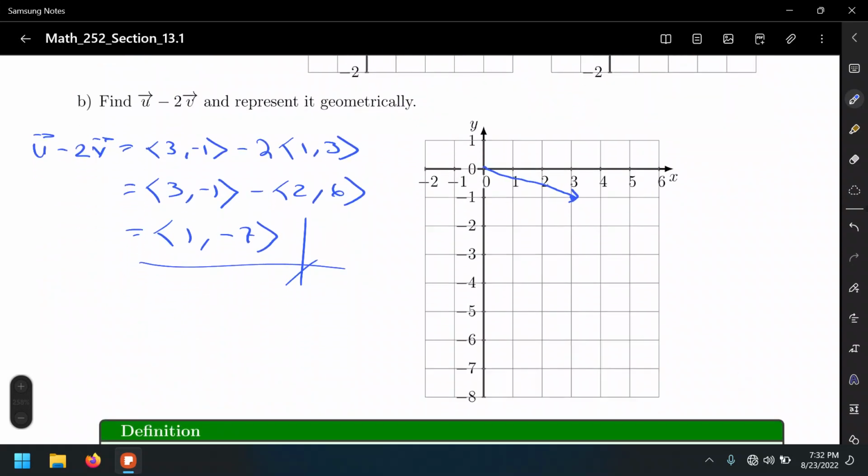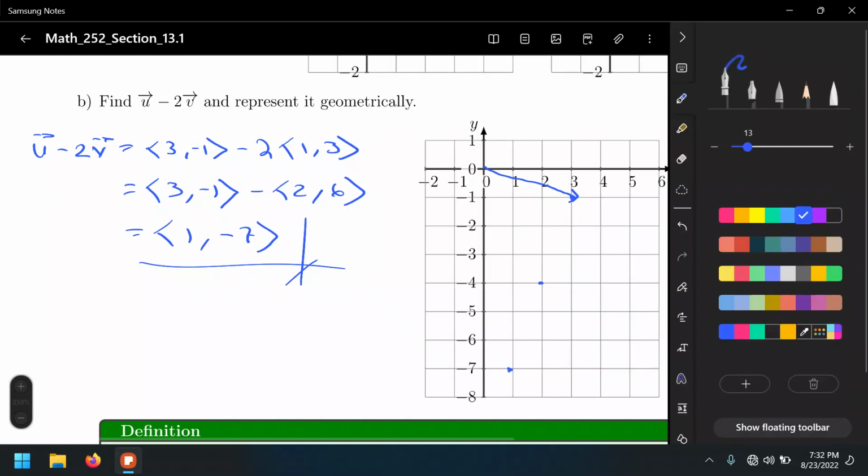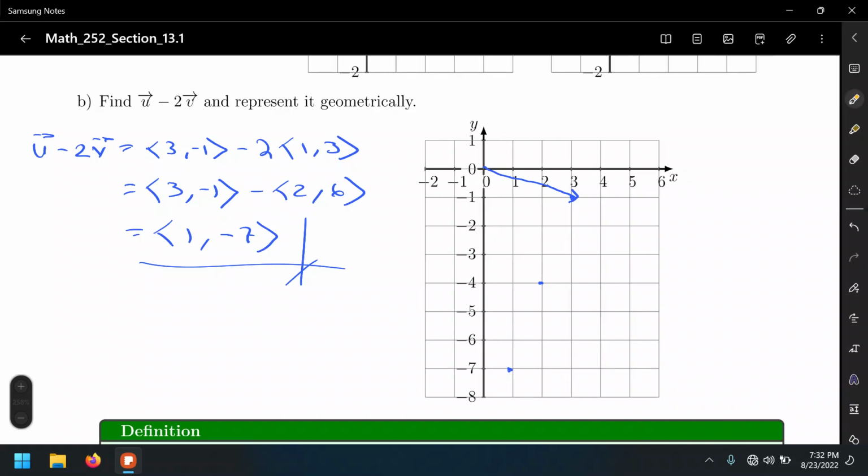I'm going to do only 1 dot. I'm not going to draw the vector yet, because that vector is only v, and in this case we want 2 of this, right? So we have to repeat the process, 1 and 3. So let me use a different color for this.